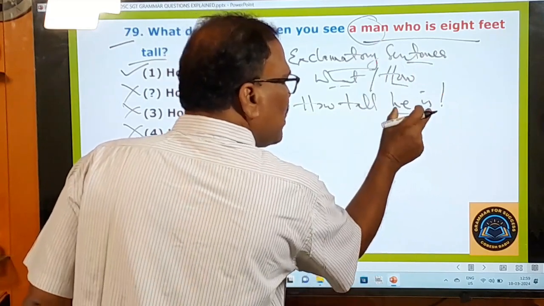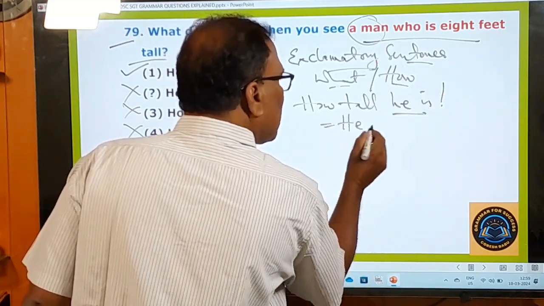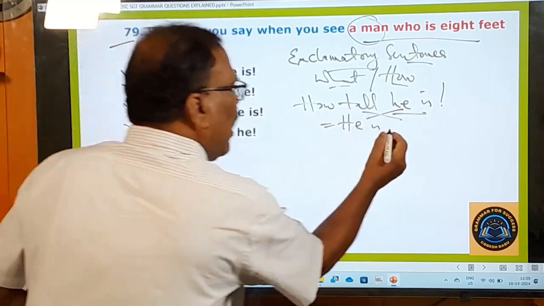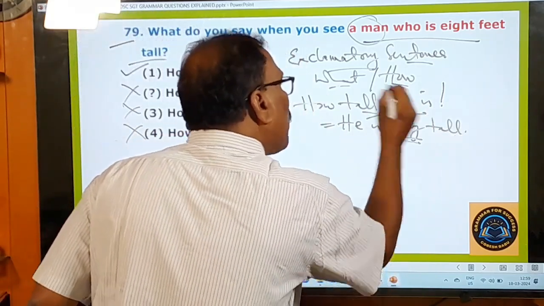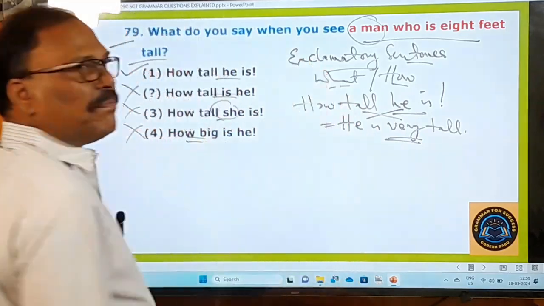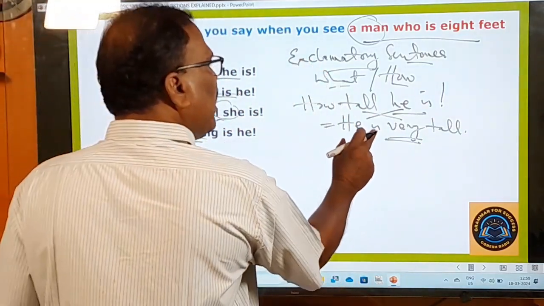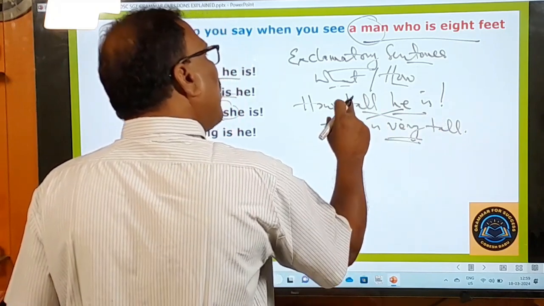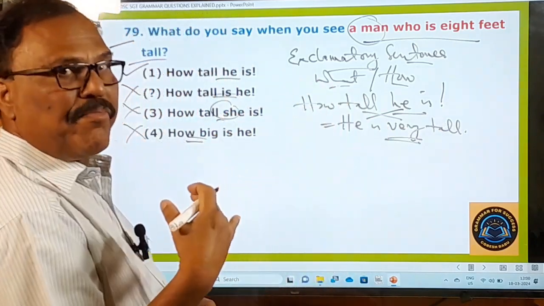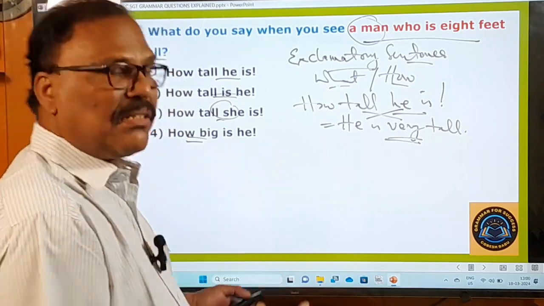This should be the right sentence. The actual sentence is: he is very tall. Since he is very tall, you have got this kind of surprise. This is the right sentence. You are becoming surprised.